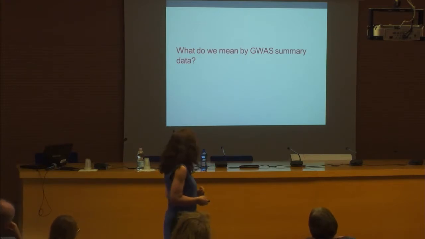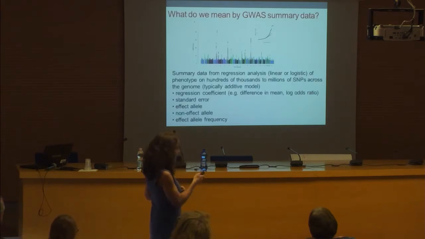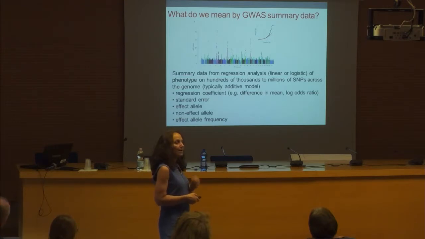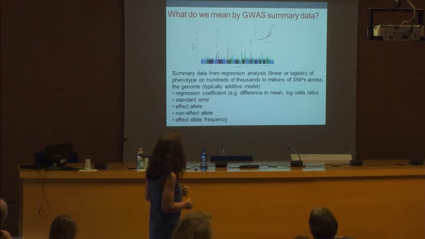So what we mean are all of the data that come from these consortia, where what they are doing is basically 2 million, slightly more than 2 million chi-square tests. It's a great big set of chi-square tests. So again, nothing complicated.